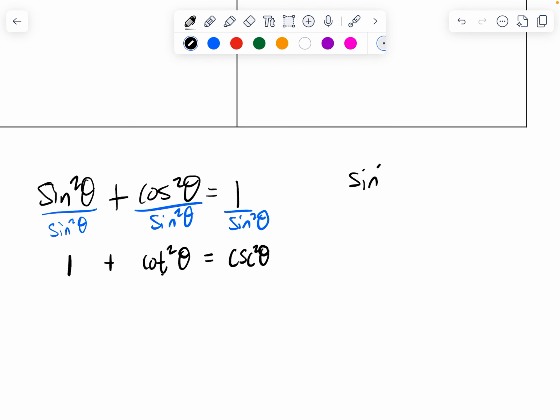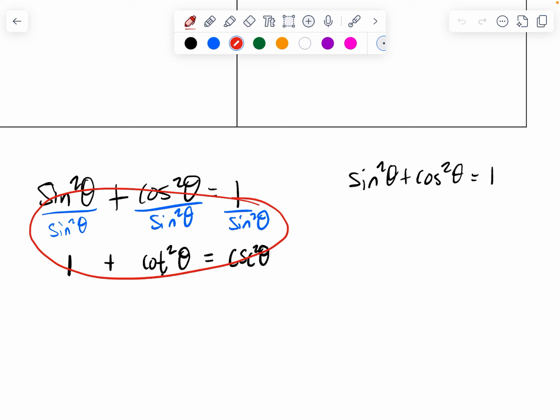You still have your sine squared plus cosine squared equals 1. And then instead of dividing by sine squared, you can get the third iteration by dividing by cosine squared instead.